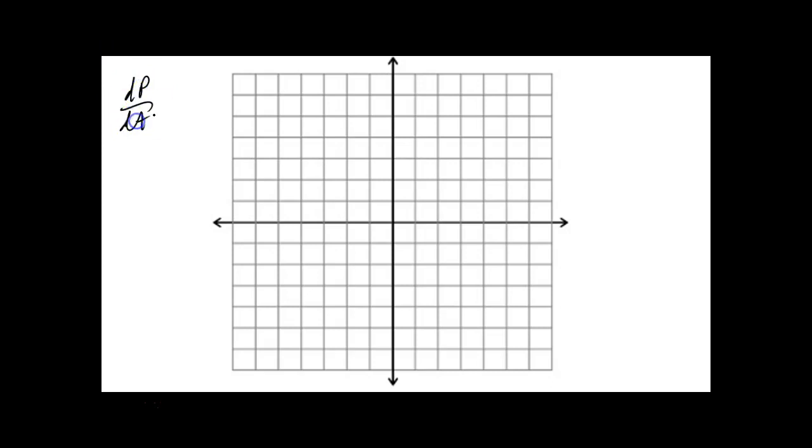dP/dt, P being the dependent variable, t being the independent variable, is equal to P times (a minus bP). Now what do you notice doesn't show up on the right hand side?